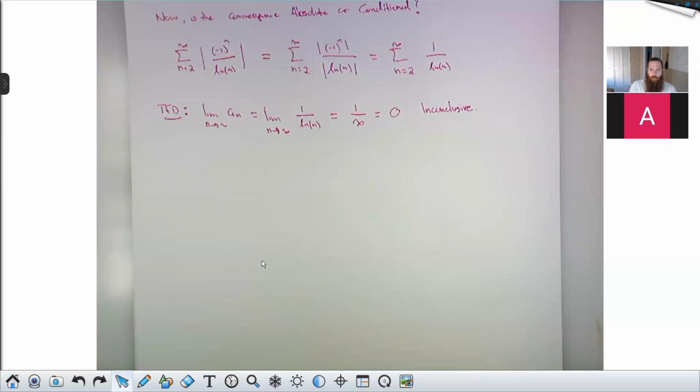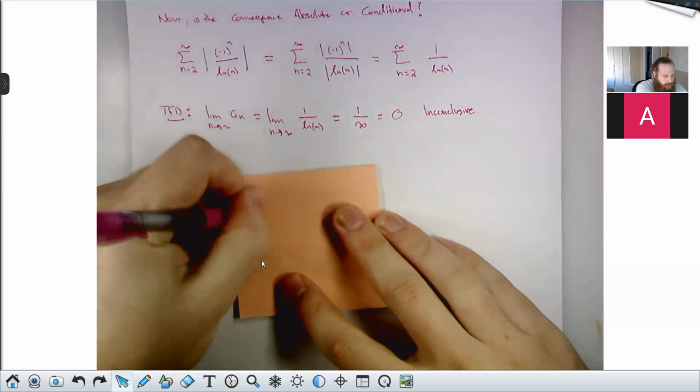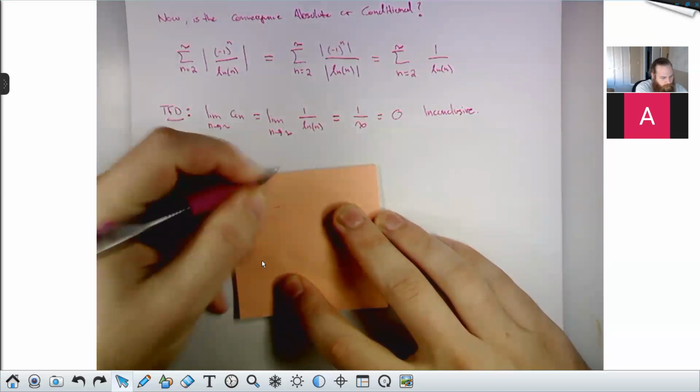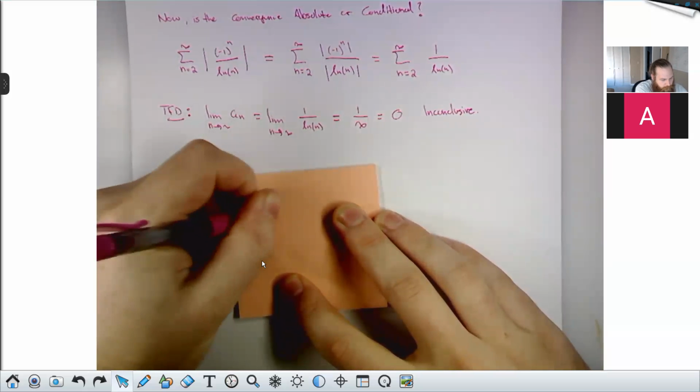We could go for an integral test here. Integrating 1 over the natural log of x is challenging, to say the least. Something like 1 over n natural log n is a more manageable integral test. But if you haven't tried integrating 1 over the natural log of x on its own, I encourage you to give it a shot. If you make any progress on it, let me know, because I have several research mathematicians who would love to hear the result.